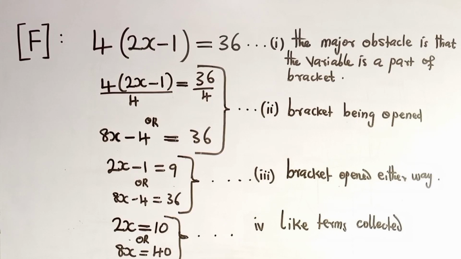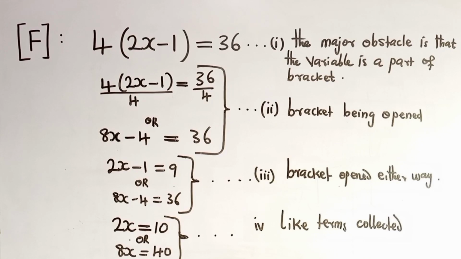That can be proven mathematically using some experiments. Okay, so we now know that the major obstacle is that the x which we're solving for is a part of the bracket. So how do we open this bracket for us to treat x until x becomes alone?